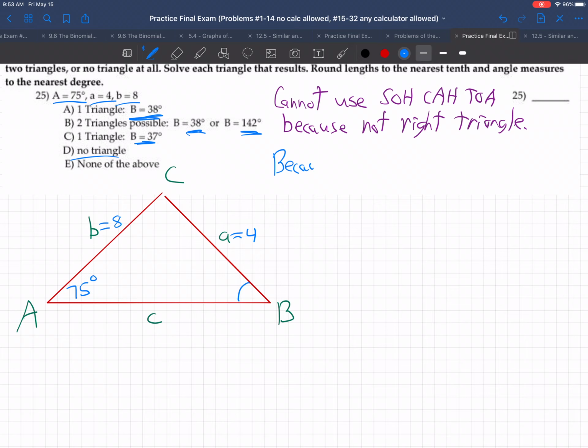because we have two sides and two angles opposite them.